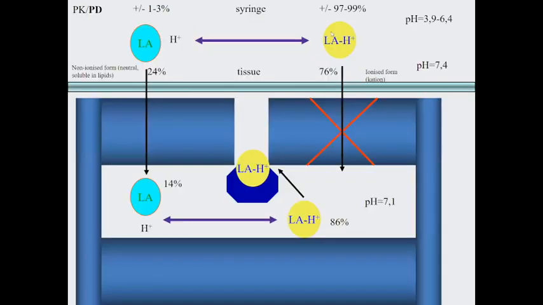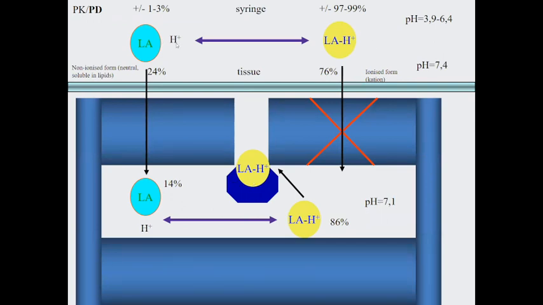And the local anesthetic injected into the tissue has to block the sodium channel. This is the nerve, this is the tissue. Unfortunately, when we inject the local anesthetic into the tissue, it cannot just go freely into the nerve, into the cell.